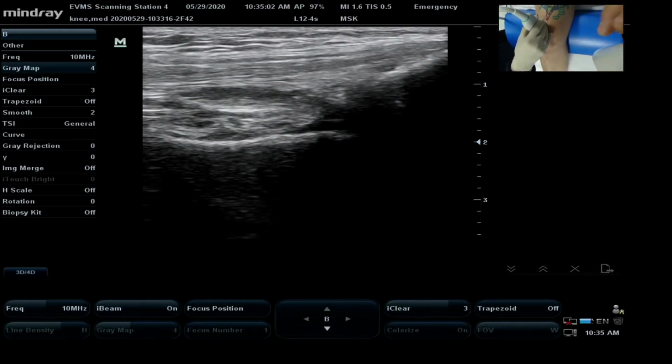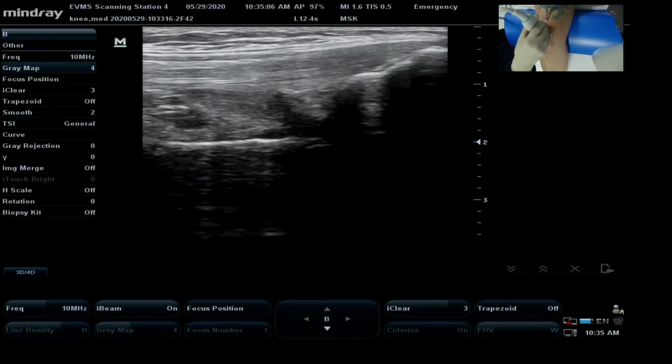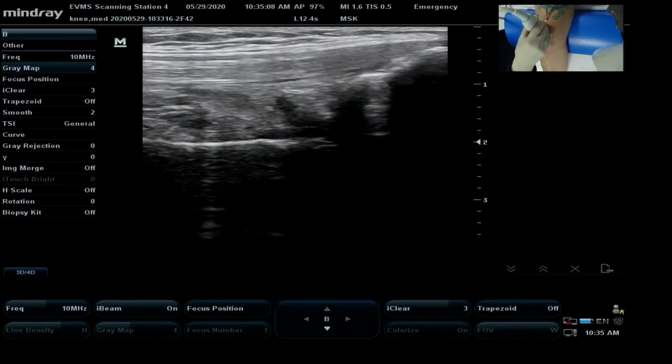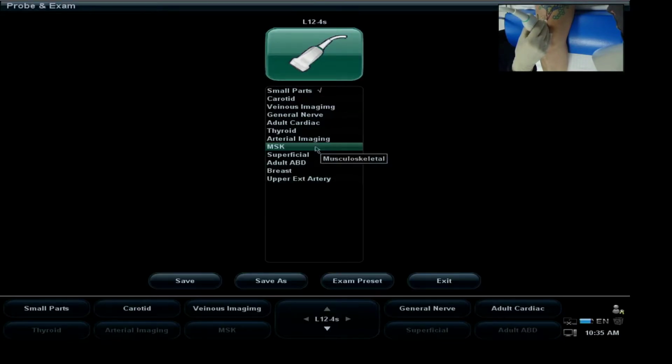And before I go on, I do want to point out one last thing that I didn't point out to you. This is in the MSK Exam. So if I come over to the exam button and I press that button, you can see I have a whole list. Now I'm picking MSK, and that'll give me a more shallow beginning, and it will set the dynamic range in a reasonable setting for me to be doing MSK.